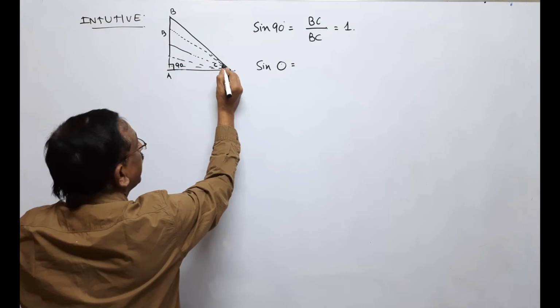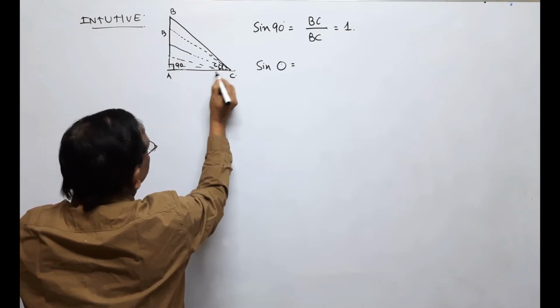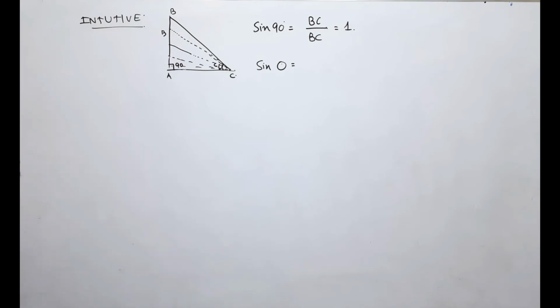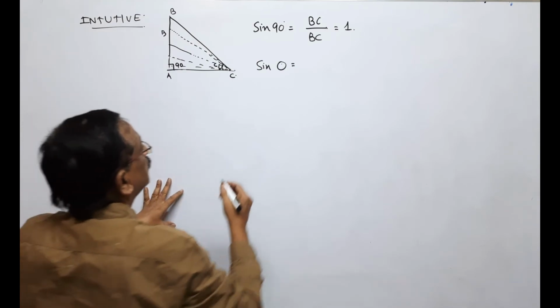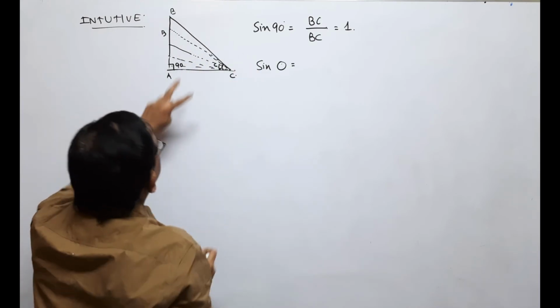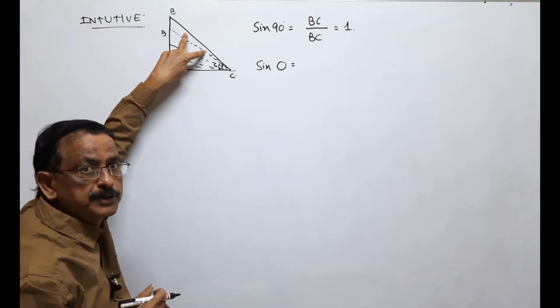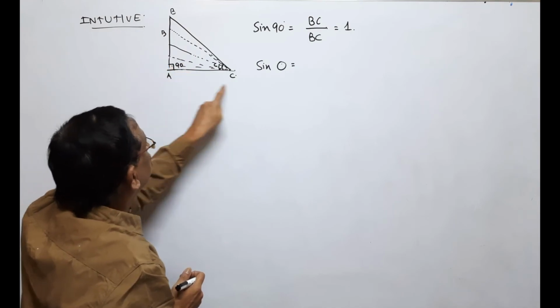C has some angle. Now, if it is becoming smaller and smaller, that means the side is getting closer and closer. And now, for sine 0, this side is not there. That means BC, the hypotenuse, was dropped down to AC.